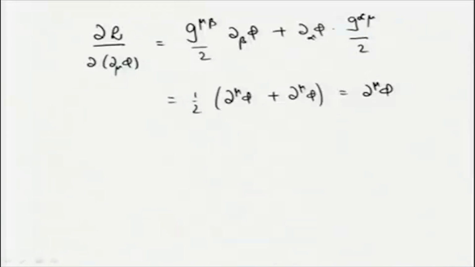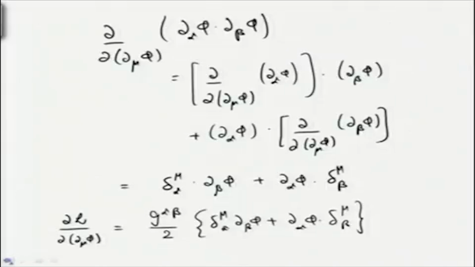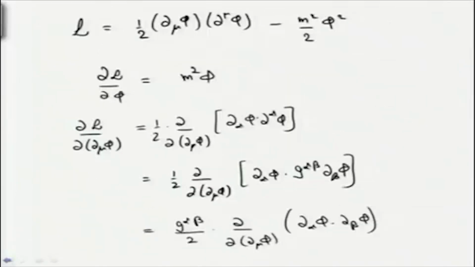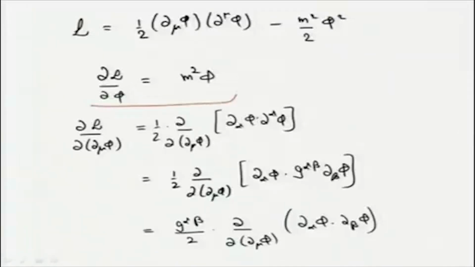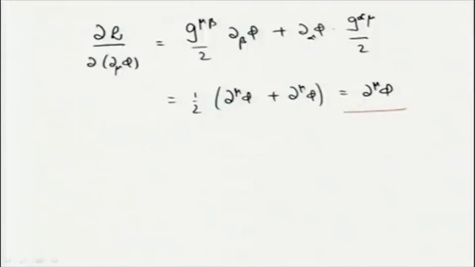That is it, all right. So, that is what you have here, and you have one part, this one, which will go into the equation of motion, and the other part here.